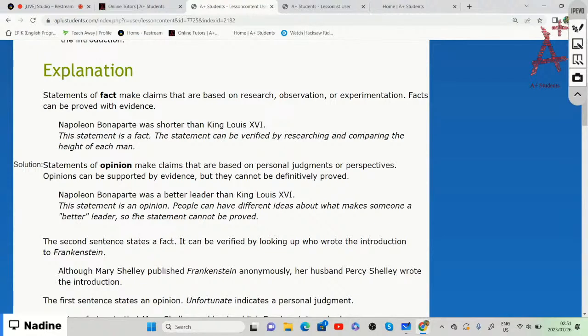So I always say that when we give an opinion, especially when we're doing formal writing or academic writing, try and state your opinion in addition to the facts that you just stated, right? So now you have researched, you have observed, you're jotting down your experimentations, and now you're giving your opinion on it. But first you have the facts, and then your facts are followed by your opinion.